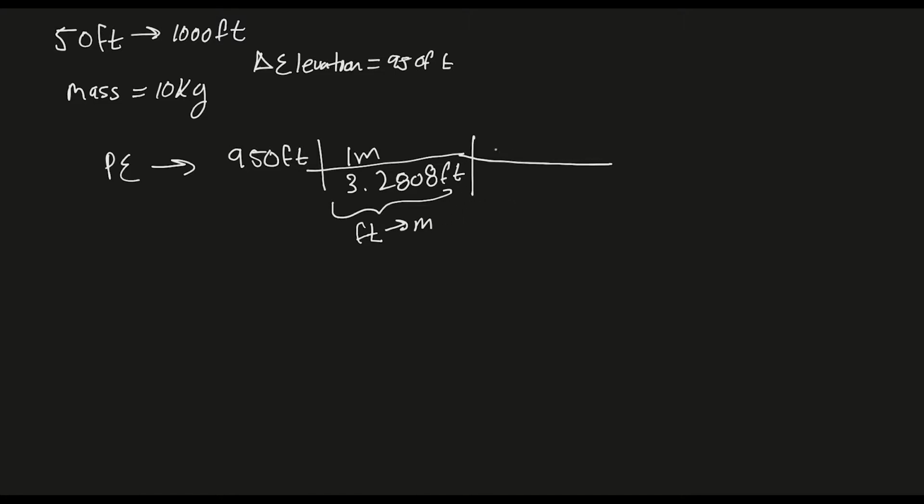And then we're going to multiply this by the gravitational constant of Earth, which is going to be 9.81 meters per second squared. And then we're going to multiply this, let me write this down, by 10 kilograms. And that's the mass of our system as specified in the problem.